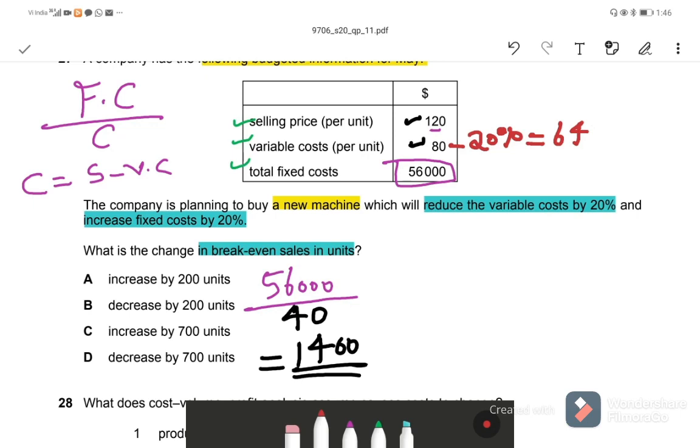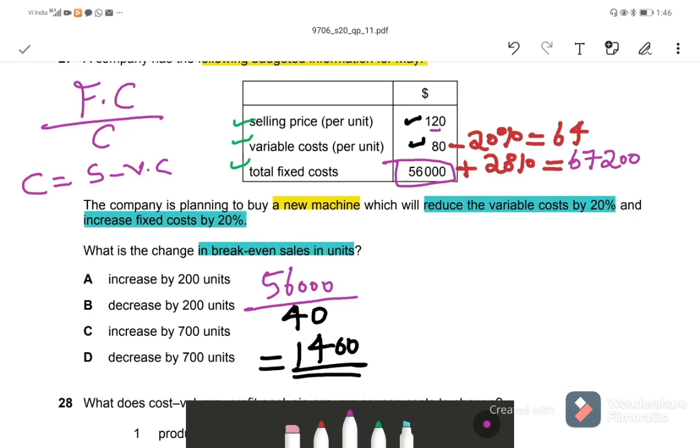Then fixed cost increases by 20%. 56,000 plus 20% gives a total fixed cost of 67,200.